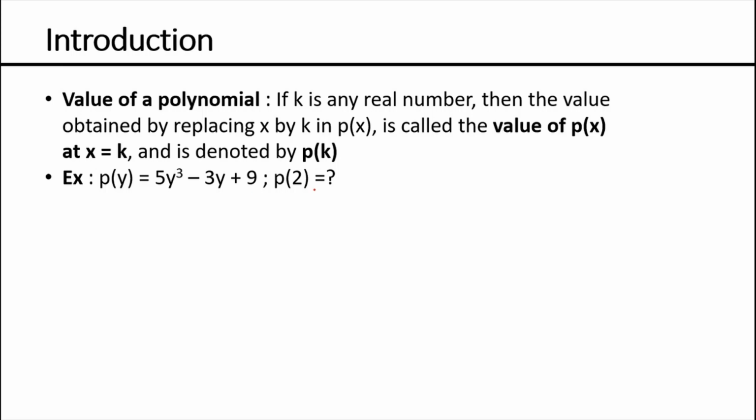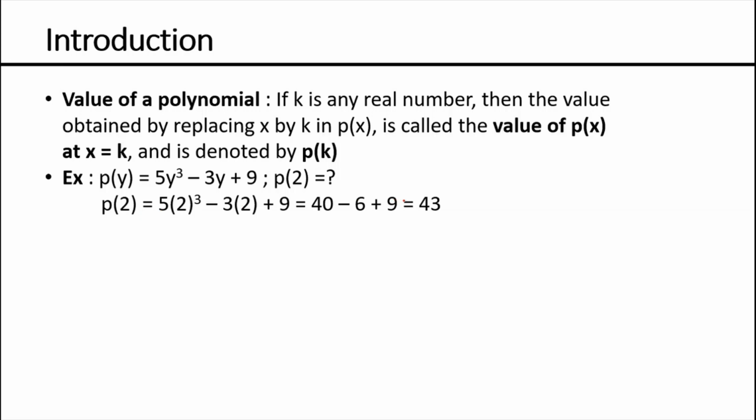We need to calculate the value of this polynomial at y equal to 2. What we are going to do is replace y by 2. So we will get 5 times 2 cube minus 3 into 2 plus 9, which will be 40 minus 6 plus 9, and we will get 43.